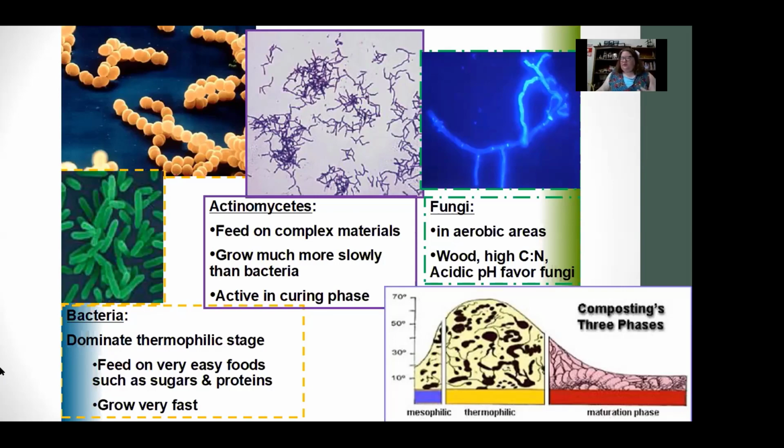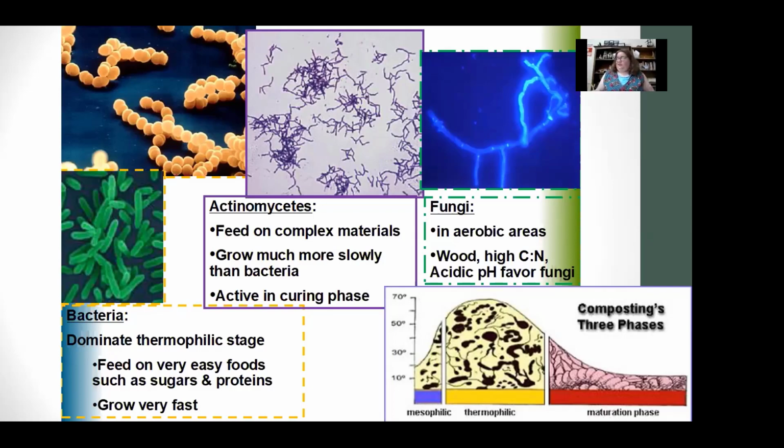So in your first stage, when you first get that pile together, what's happening is bacteria are having a party. You've basically set out a bacterial buffet. They're going to come in, they're going to grab all of those easy food sources. They want sugars, they want proteins, they want fats, they want food sources that are very, very simple to break down. And they're going to get that out of all of those feedstocks. And as they break those down and metabolize them, their bodies are going to produce heat.